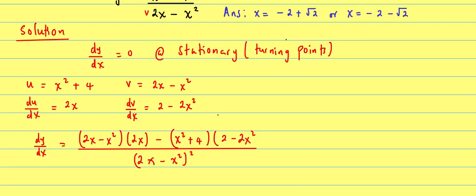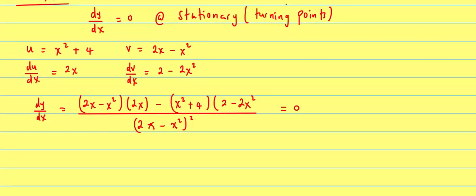As I've said to you in the first line, dy by dx has got to be equal to 0 at the turning point, so we need to solve this equation here for x. Now expand the brackets.